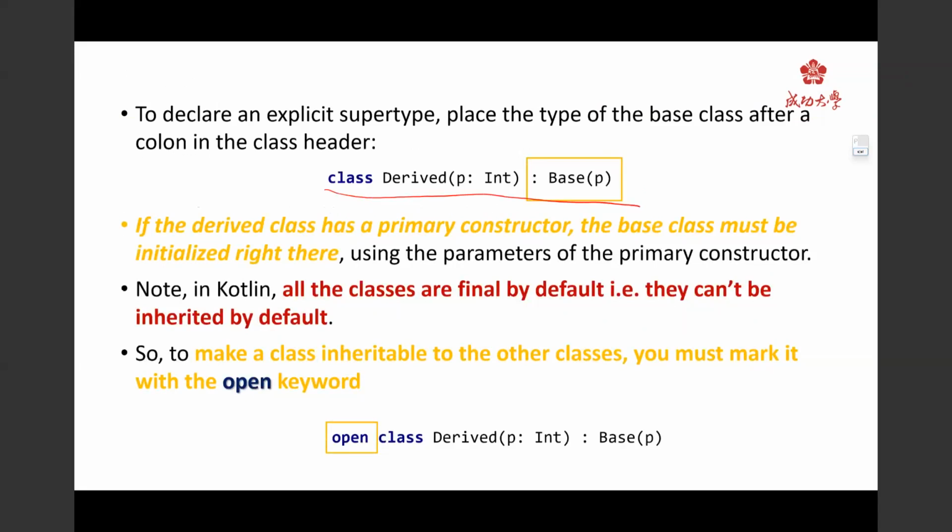To inherit the base class over here, we simply put a colon right after the primary constructor, followed by the name of the superclass or the parent class. We also notice that we invoke the constructor of the parent class right over here inside the class header.